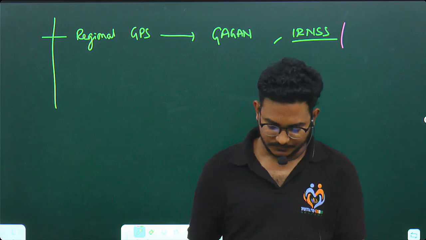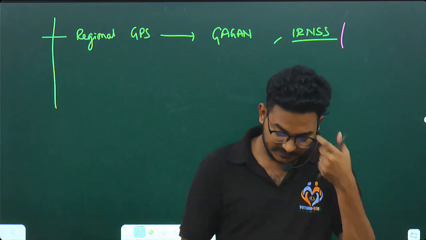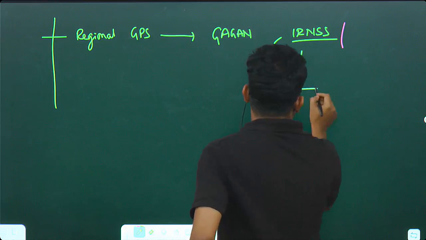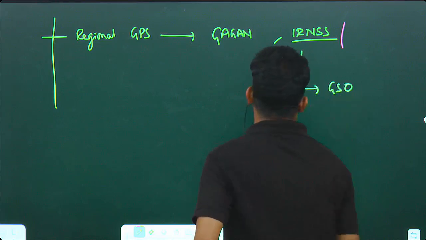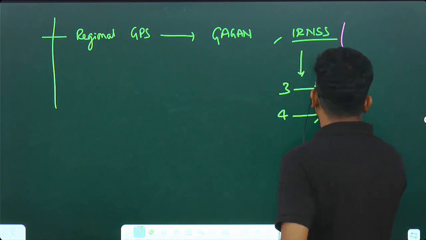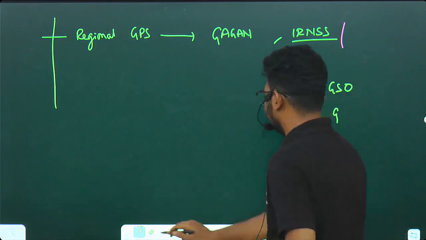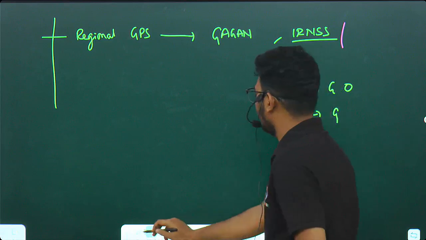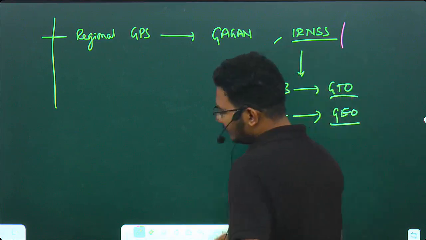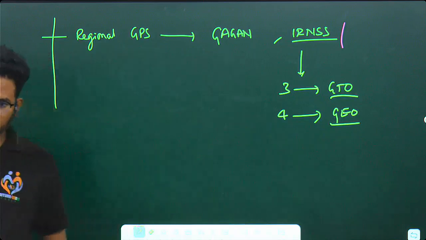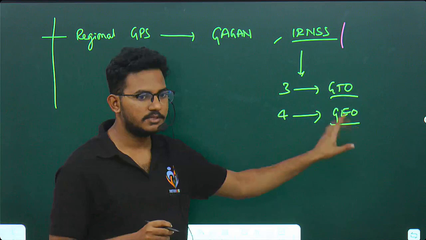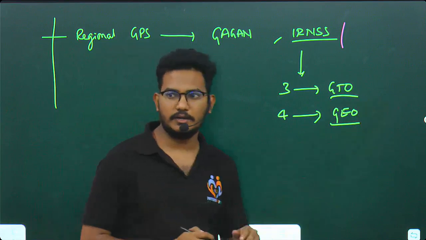Three are in GTO, geosynchronous transfer orbit, and 4 are in geostationary Earth orbit.